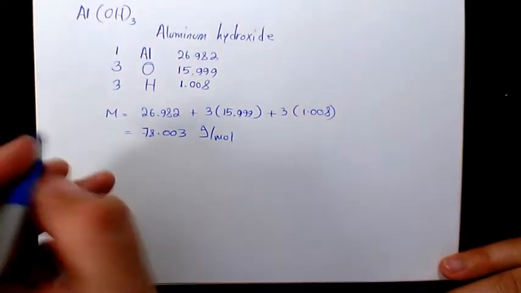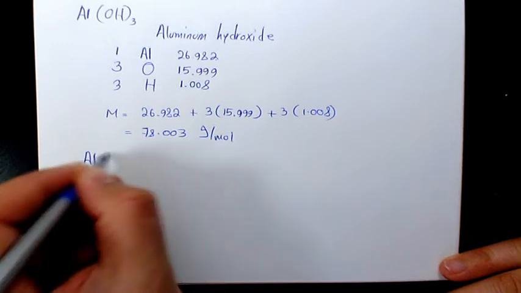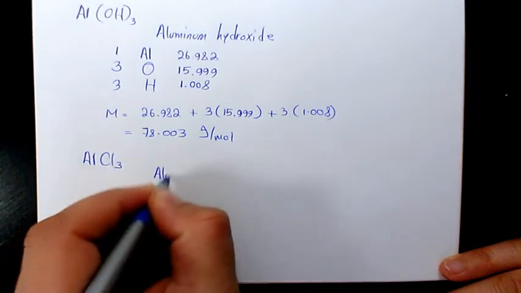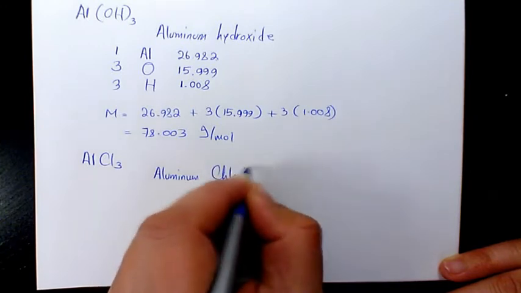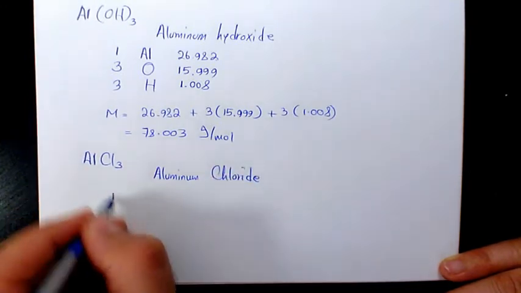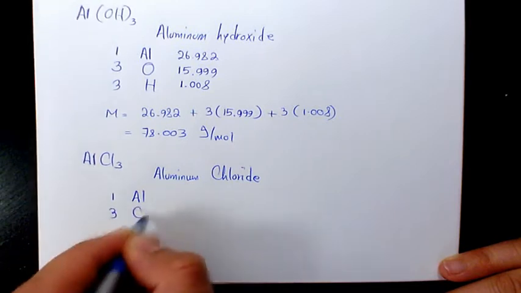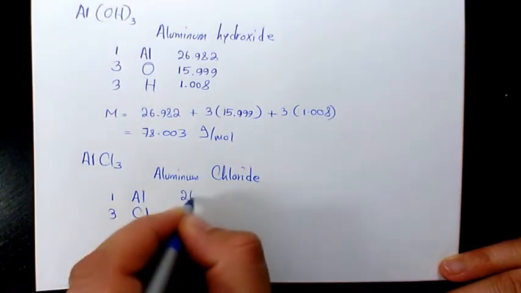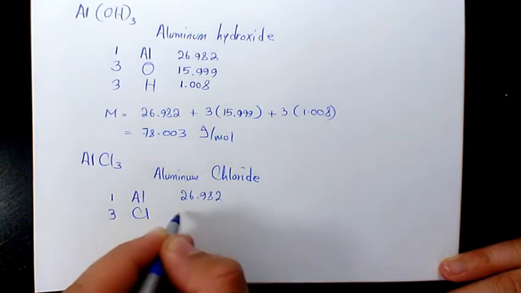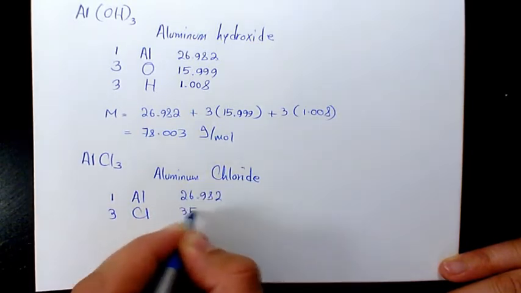Next one is AlCl3, which is aluminum chloride. We have 1 atom of aluminum and 3 atoms of chlorine. Aluminum is 26.982 and chlorine is 35.45.